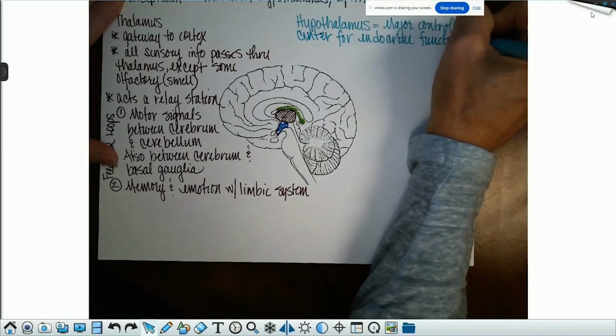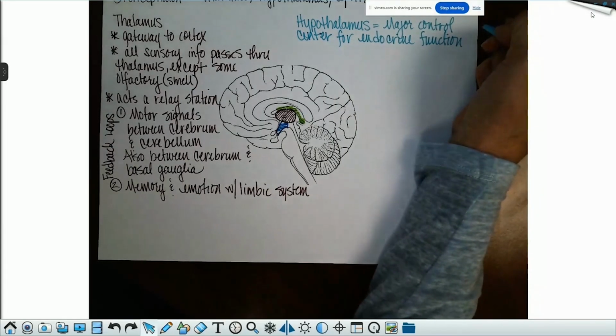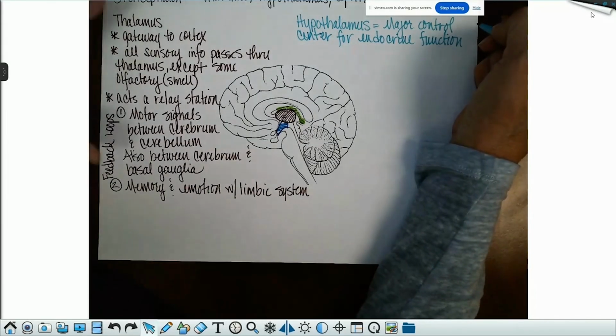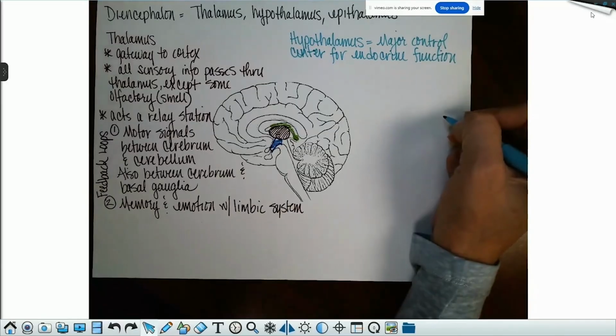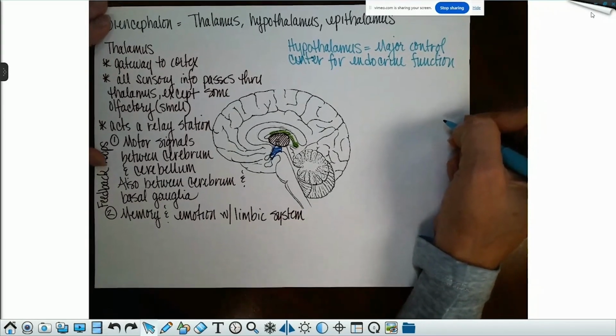Remember the endocrine system involves hormones, and many organs throughout the body release hormones into the blood.